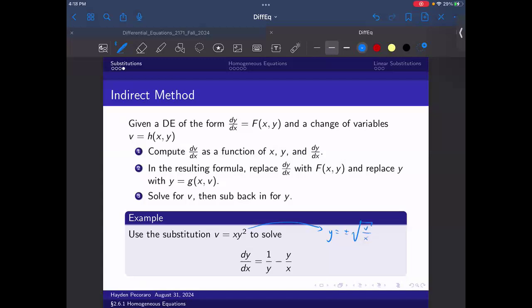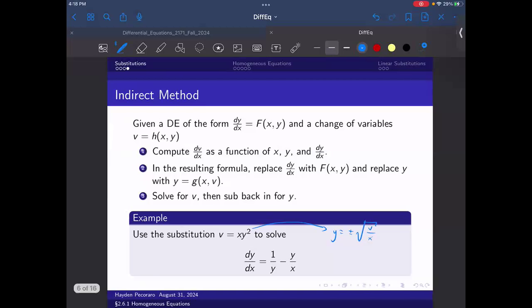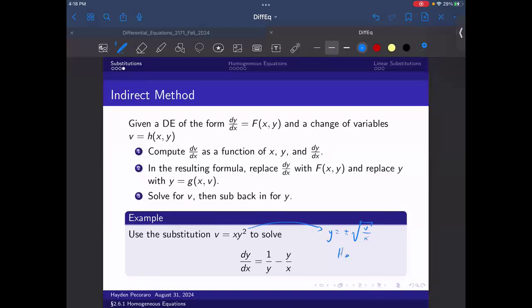And that's going to be pretty awful to take a derivative of, isn't it? I need to take a derivative of the square root and then chain rule and multiply that by a quotient rule, or one of the functions is undetermined. So it's not going to be fun. This is harder than it needs to be, really.